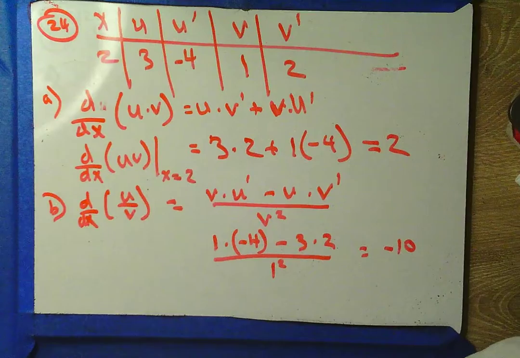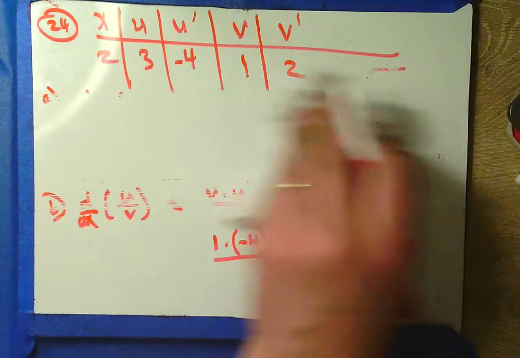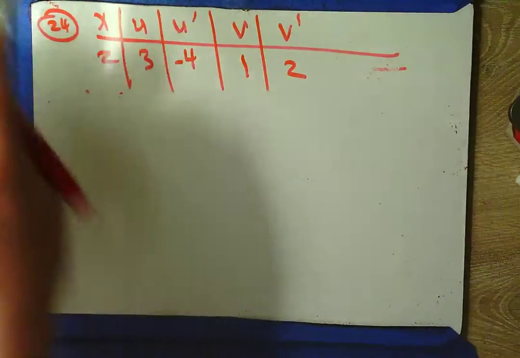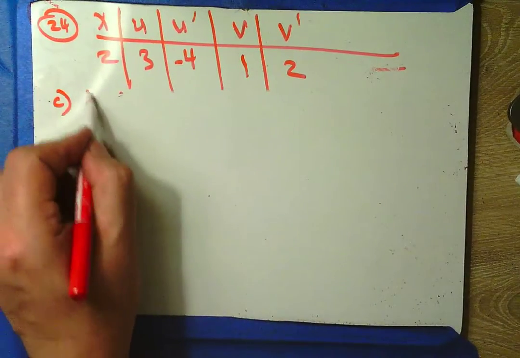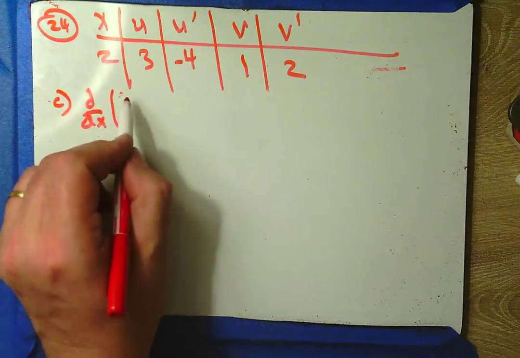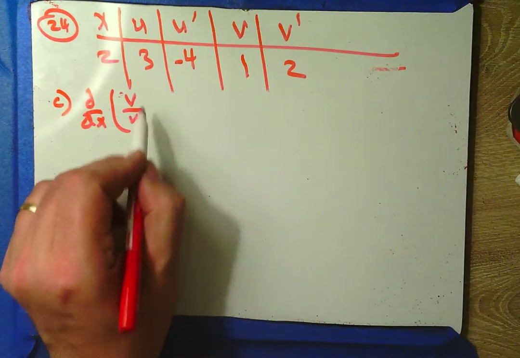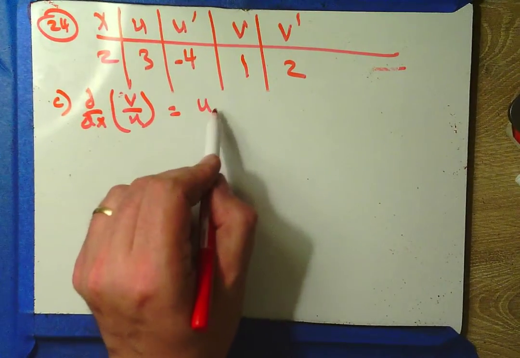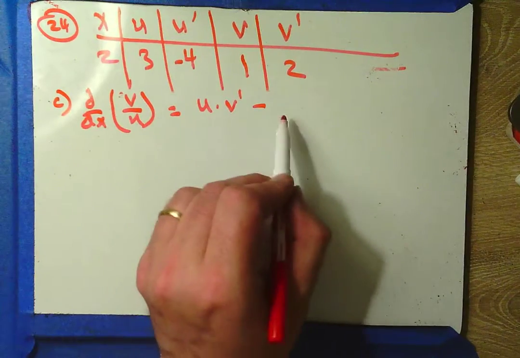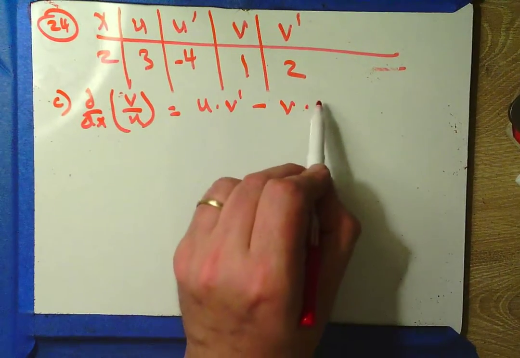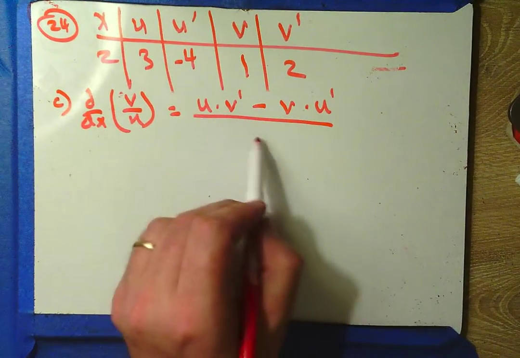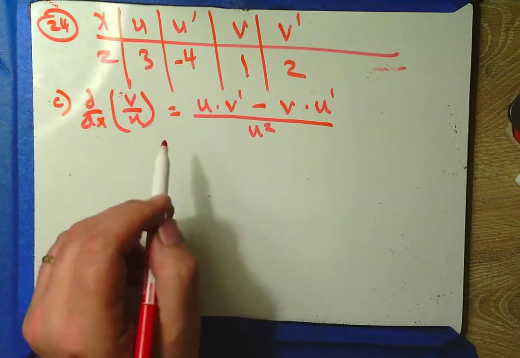Part C, they ask us to do the derivative of v over u. Derivative with respect to x of v over u will be low d high minus high d low over low squared.